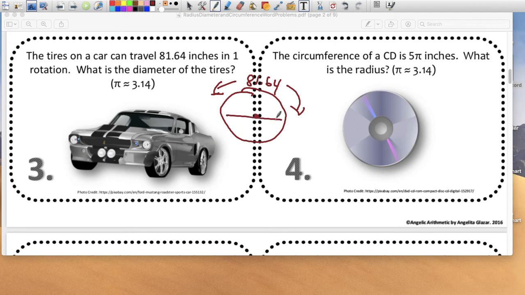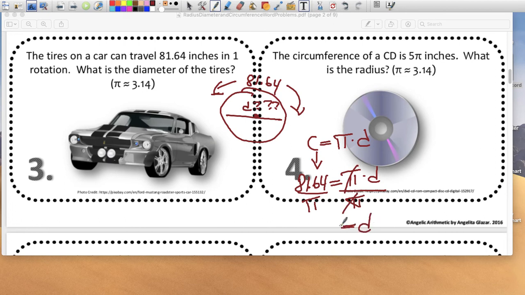Again, C equals pi times d. So the circumference is 81.64 equals pi times d. Divide both sides by pi, and the diameter, 81.64 divided by pi, is going to be 25.97. So the diameter of this is 25.97.